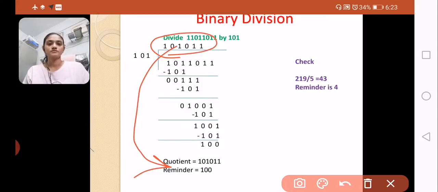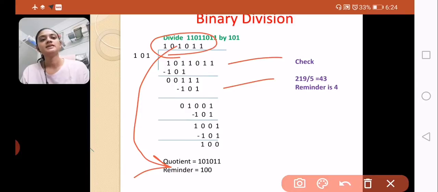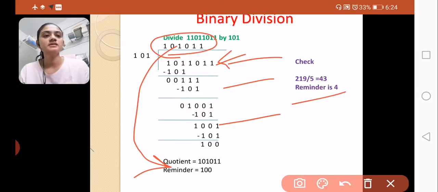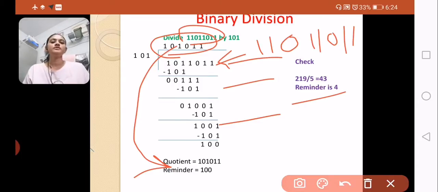Okay, so you can cross check it by converting this binary number into decimals, right? Here one mistake is there. Here you have to consider this number 1 1 0 1 1 0 1, but don't worry, you just have to follow the rules and steps that are given here.